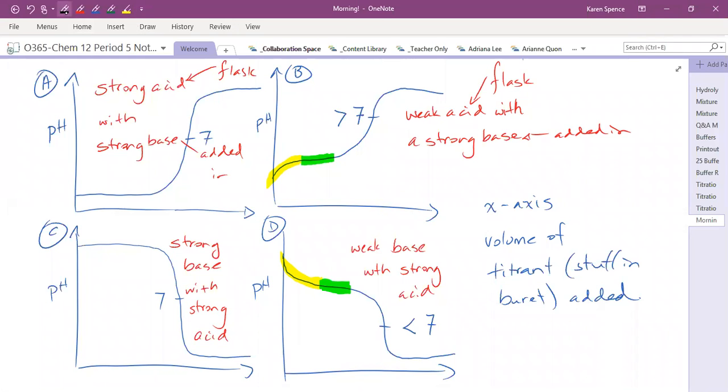And why do we call it that? Anybody remember what that's called? That little green region there. It is a slope. It is the buffer region, yes.